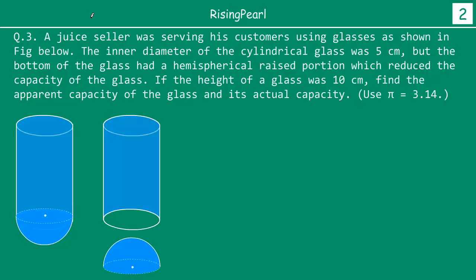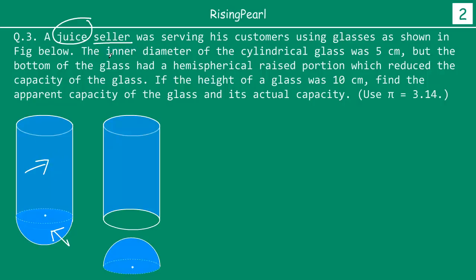So obviously he is a juice seller, so he is selling juice in a type of glass. Normally you will expect the glass to look like this, where you have a cylinder.